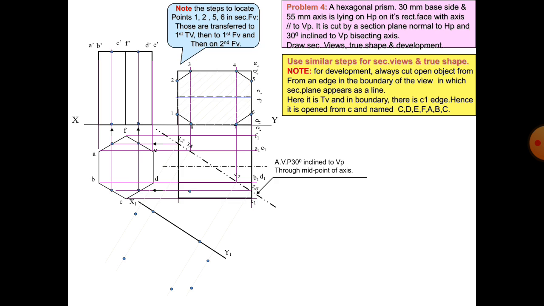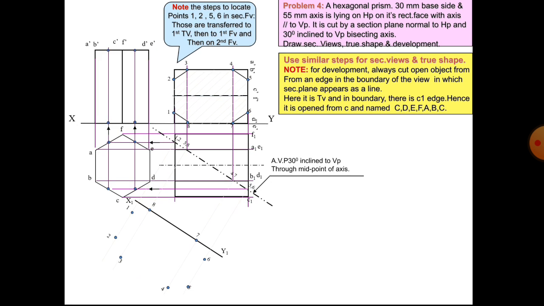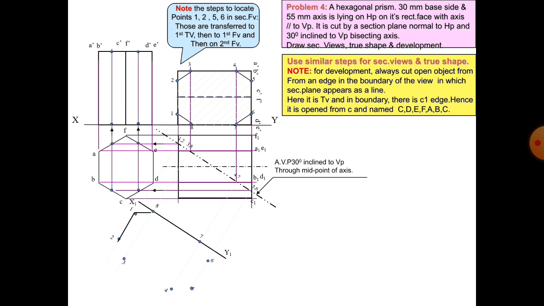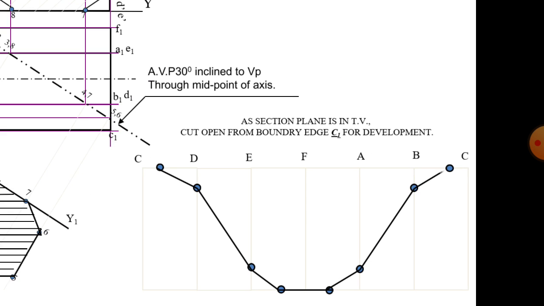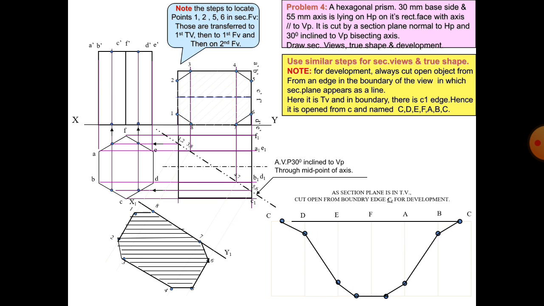These are the sections of solids which are studied in the EDR subject. So let us discuss the development of surfaces. A hexagon has 6 sides, so the development is shown by 6 times the side. Mark all the points and join all points. This diagram shows the development of surfaces.